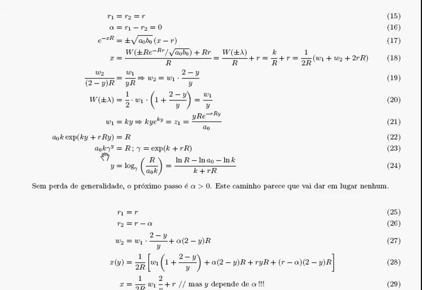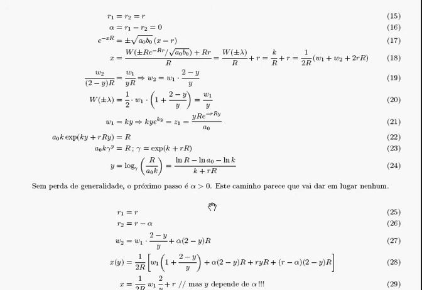A0 key gamma power to y equals to r, where our gamma is the exponential of key plus r big R. Now we isolate y. Logarithm on the basis gamma of r divided by a0 key, which is equal to logarithm above minus logarithm down divided by logarithm of gamma. This is for alpha equals to 0.